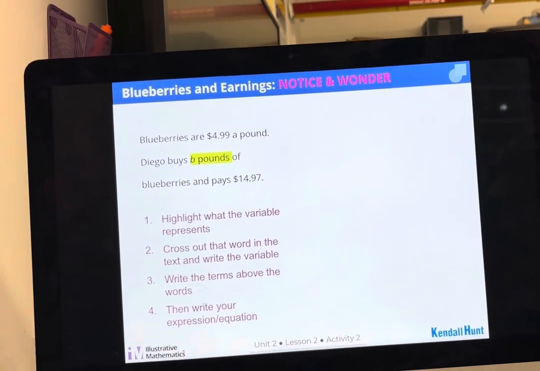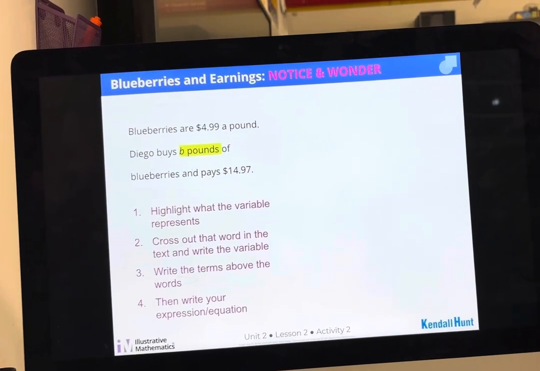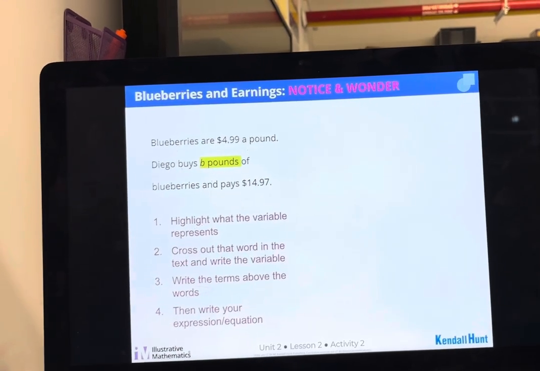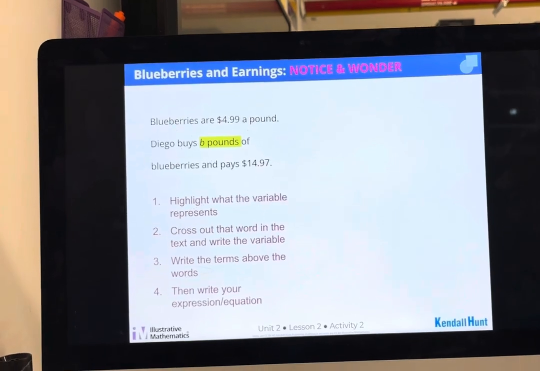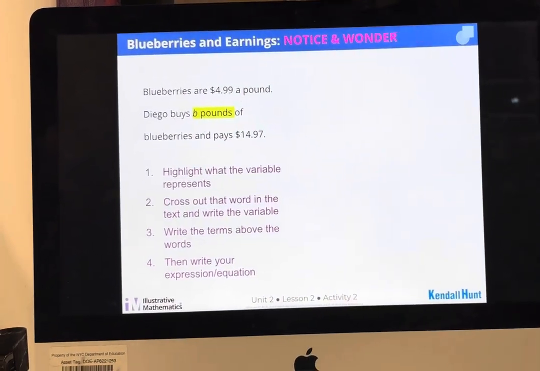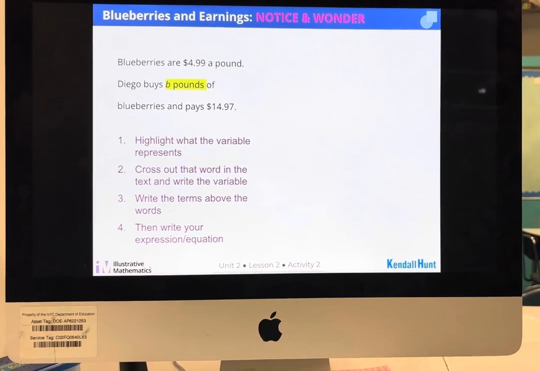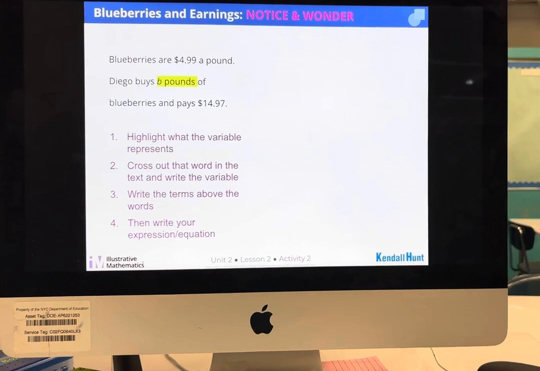Our goal here would obviously be to ask, how many pounds can we get if we have $14.97 to spend? That's something we can ask, all right? We're not looking at that right now. Any questions? So we end up with the equation 4.99B equals 14.97.